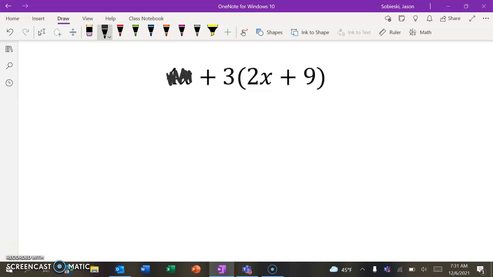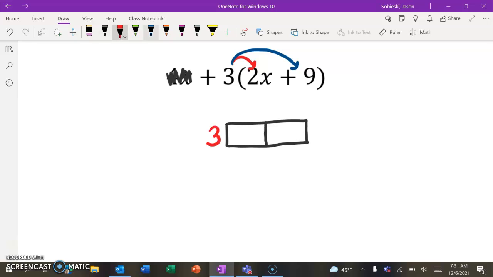So again, when we did this, we could have done it with arrows, something like this, which is the way I'm going to solve it in the video. Or real quick, you could have set up a rectangle method that looks something like this, right? So again, the 3 would go out front, and then the 2x and 9 would go on top.